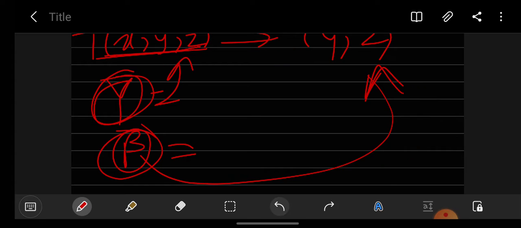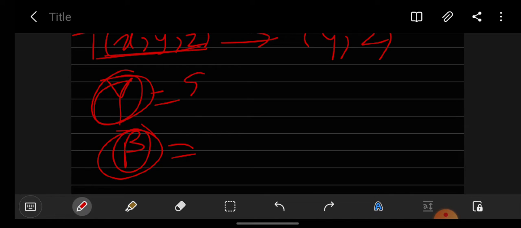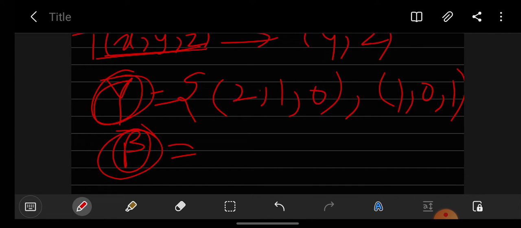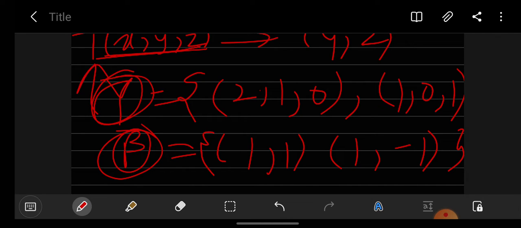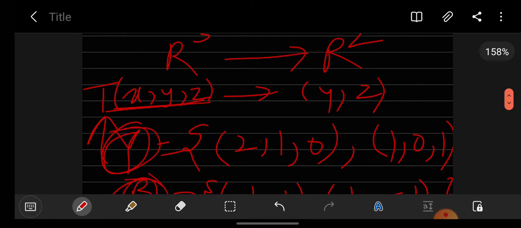So understand how we form it. Here for gamma you get the ordered basis (2, 1, 0) and (1, 0, 1), and for beta you get (1, 1) and (1, -1). So gamma belongs to this and beta belongs to this.